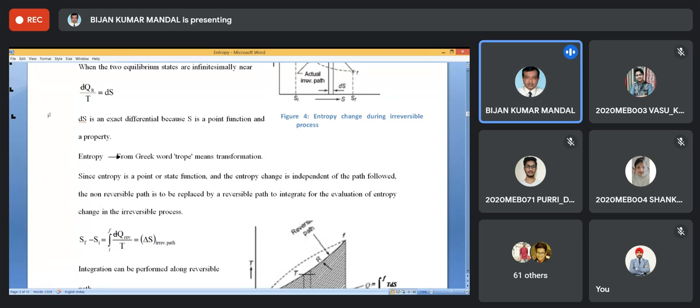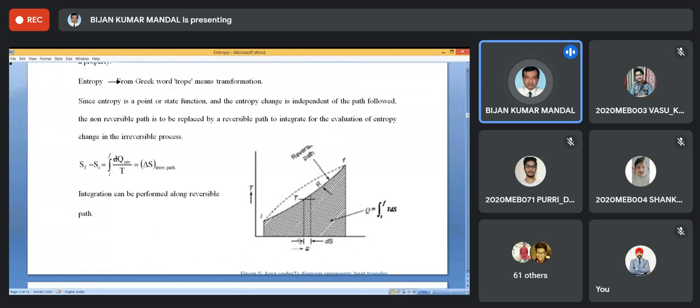Integration of dq between 1 and 2 will not give you q2 minus q1 because it is an inexact differential. Rather, that will give you the total heat transfer during that process, and that is equal to the integration of TdS. So if you can integrate that TdS, that will give you the heat transfer during that process. Now look here.